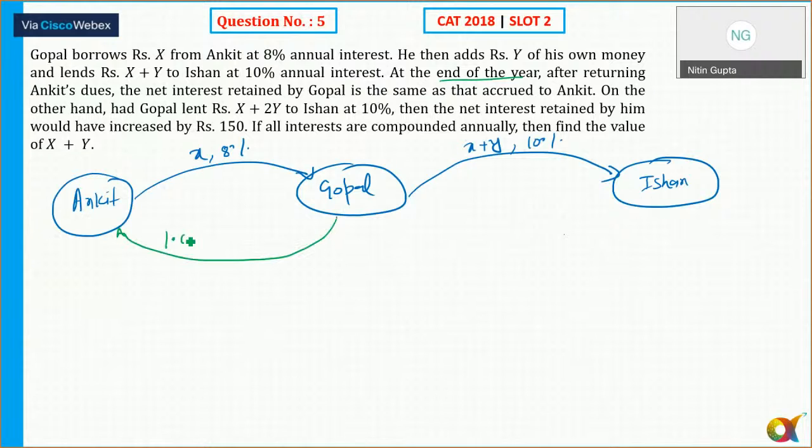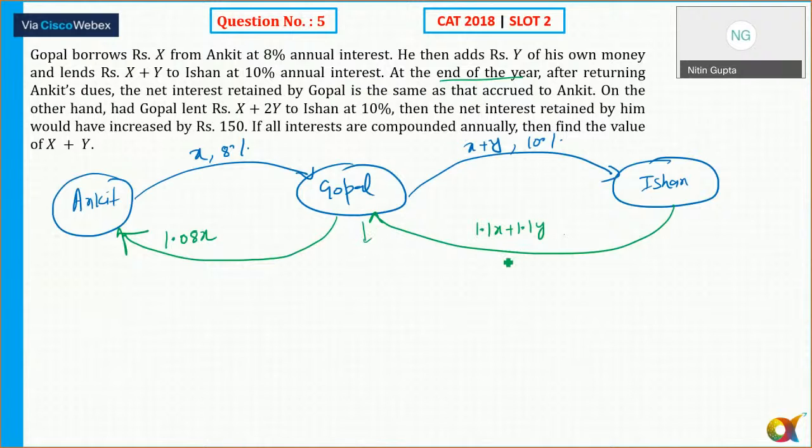I can say 1.08x. Okay. And Isan will return how much? I can say 10%, so that is 1.1x plus 1.1y. He will return 1.1x plus 1.1y. So at the end of year, after returning Ankit's dues, the net interest retained by Gopal. Okay. So how much interest is retained by Gopal?